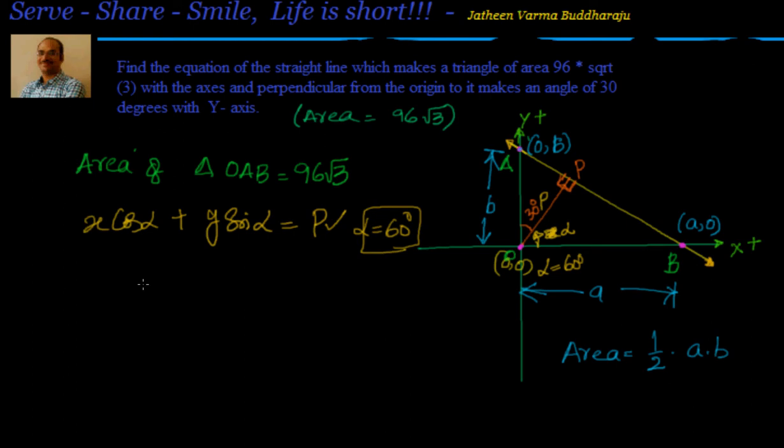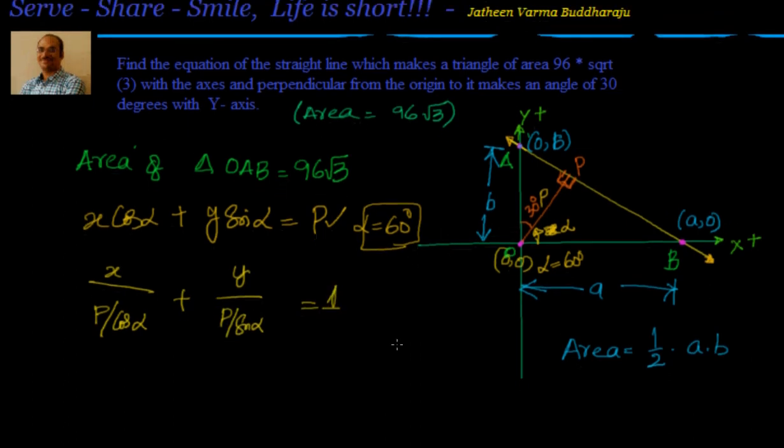So if we get the normal form into intercept form, what I will have here is x by p by cos alpha plus y by p by sine alpha equal to 1. So this is nothing but x by a plus y by b equal to 1, where a equal to p by cos alpha, b equal to p by sine alpha.